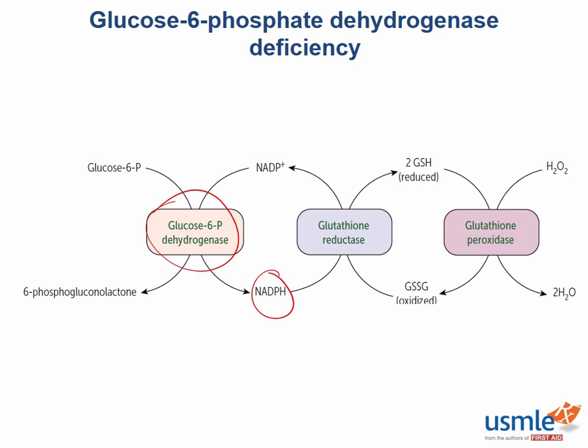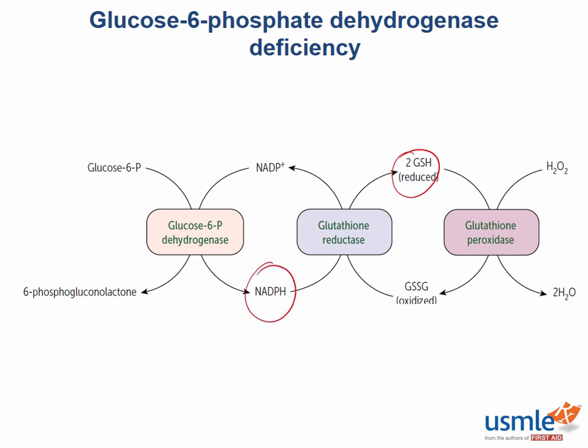So let's say we have a substance that's harmful to the body, like hydrogen peroxide. It can cause oxidative damage to the body if it's not dealt with, so what will our body do to protect itself? Well, the body will actually use a reduced form of glutathione to neutralize the hydrogen peroxide to water. However, to keep high supplies of reduced glutathione available, the body needs a lot of NADPH.